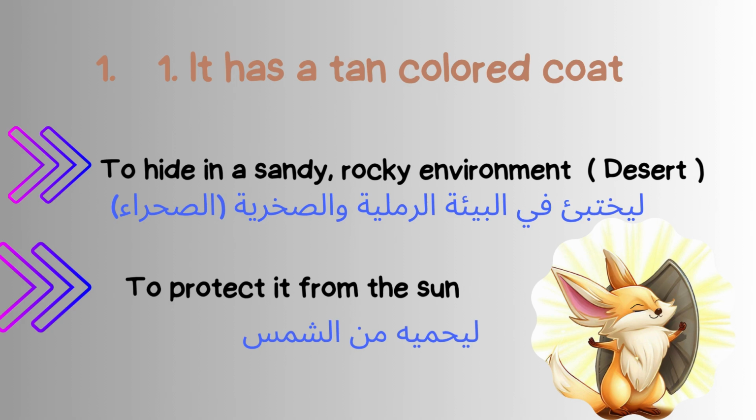Yes, you know this. Okay, so here it has a tan-colored coat to hide in a sandy, rocky environment, and we call it what? Yes, camouflage, and to protect it from the sun.